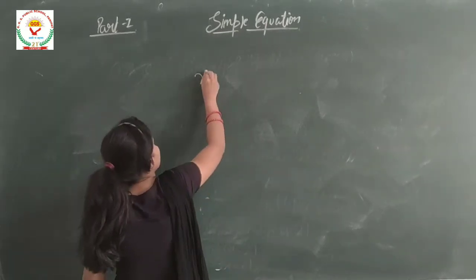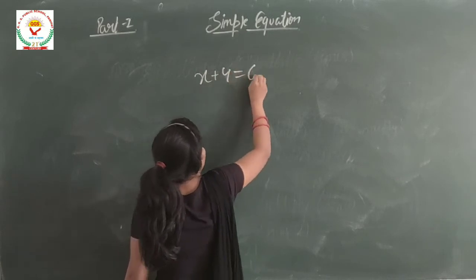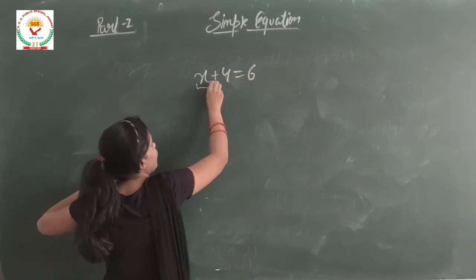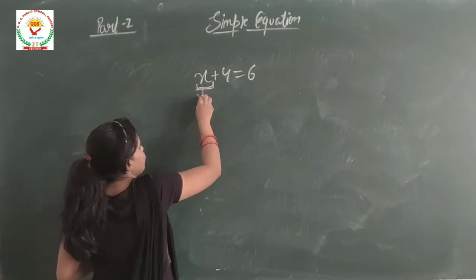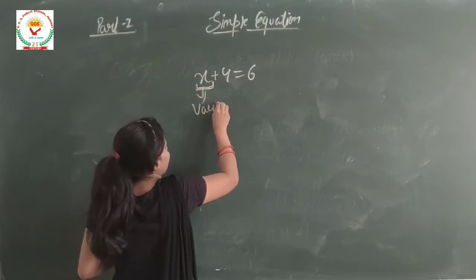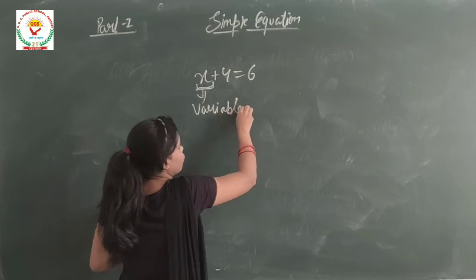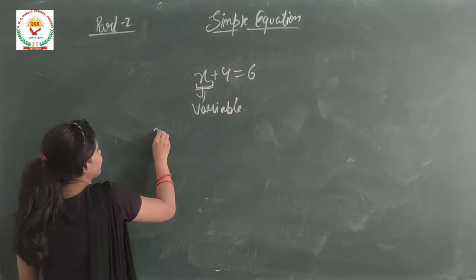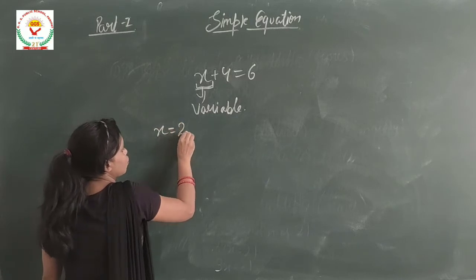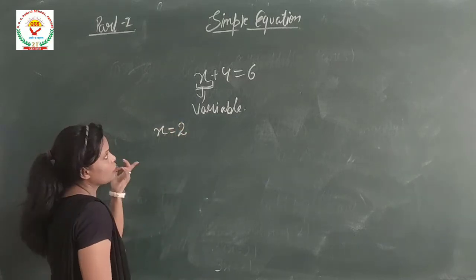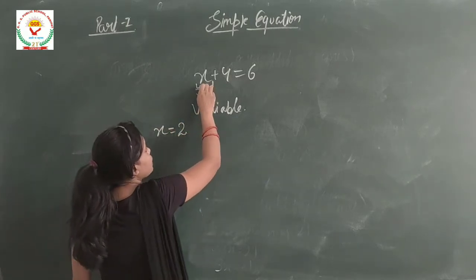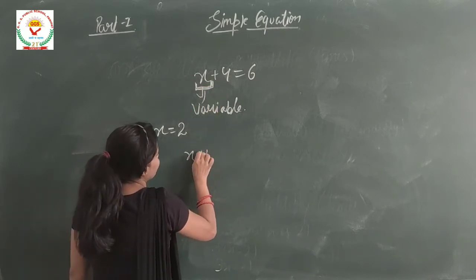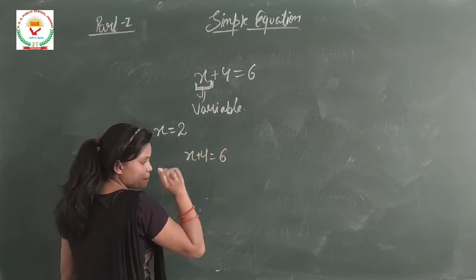If we take an equation, the alphabet in the equation is known as a variable. How do we put the value? Suppose we are given that x is equal to 2. We will put x is equal to 2 in x plus 4 is equal to 6.